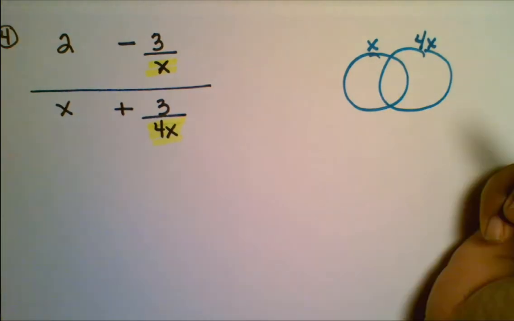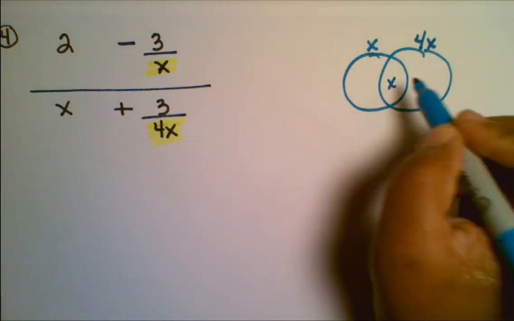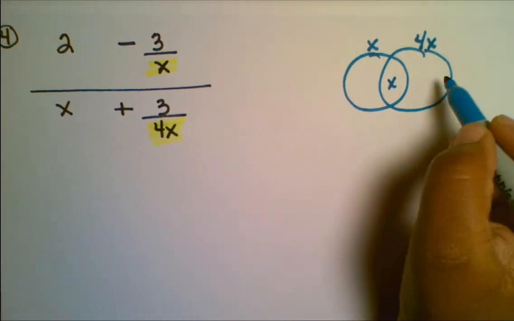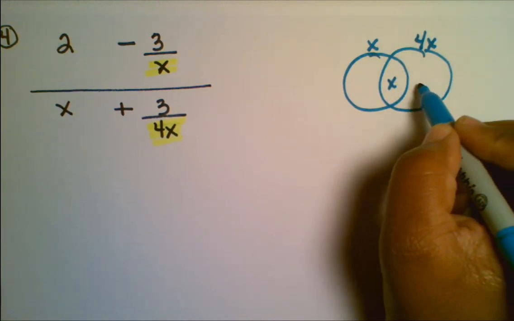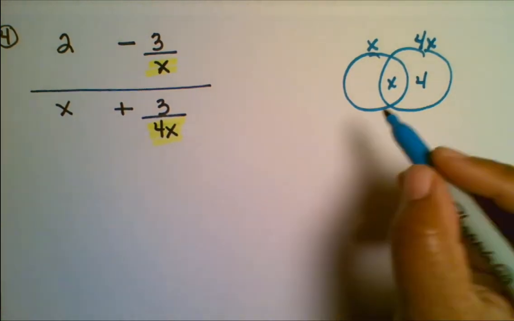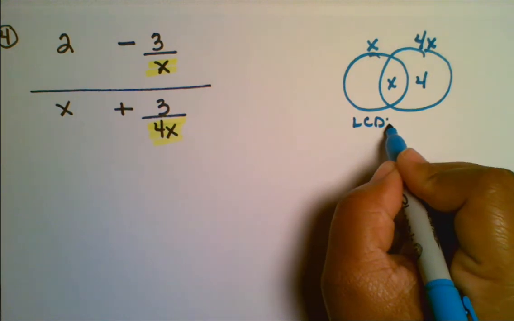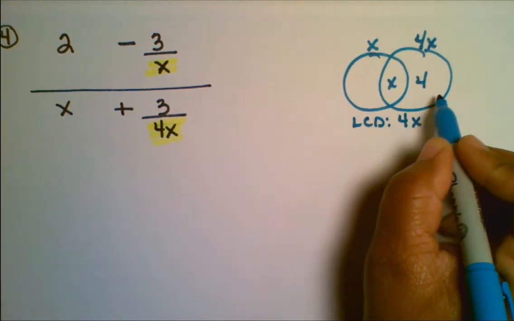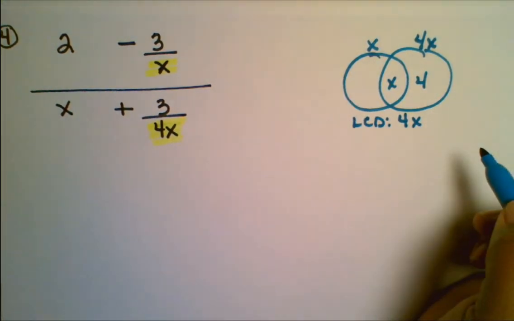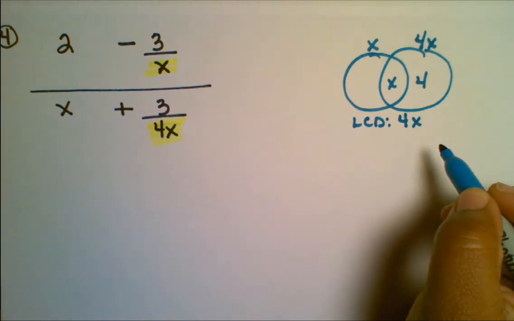What do you see that's in common? We have an x. And then what makes the second circle different? There's a 4. So we're going to multiply all parts of the Venn diagram, and our LCD is 4x.